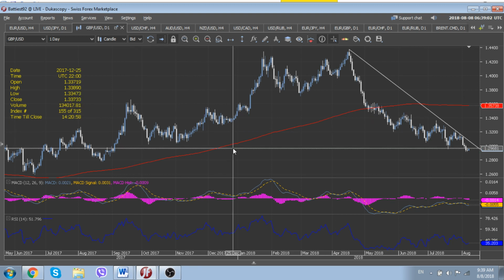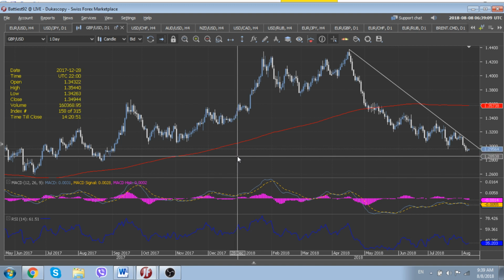Sterling is probably the weakest currency at the moment, and that's because of Brexit problems. As you know, the UK is still threatened to be out of the European Union without any kind of trade economic agreement, and from that point of view, of course, the cable should remain under selling pressure.